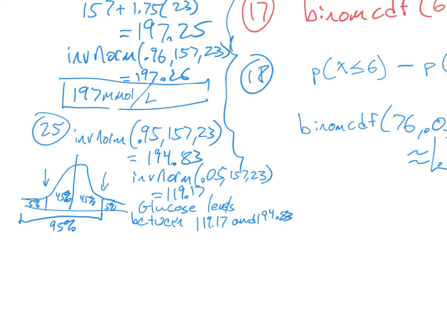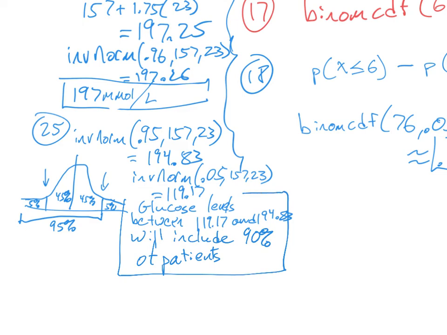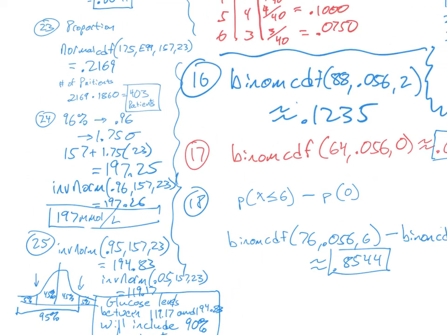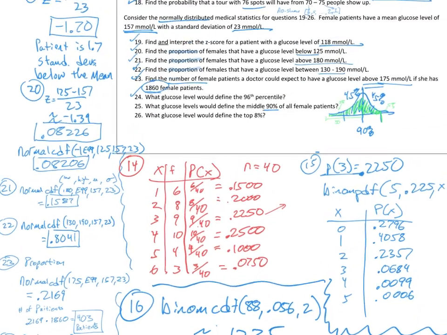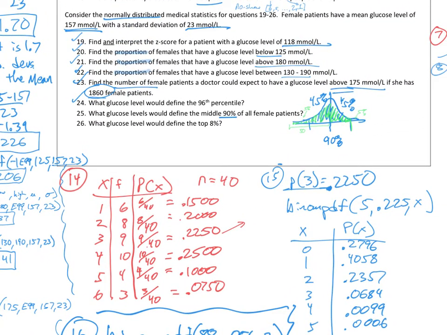Maybe a better way to say that would be 90% of the patients will have a glucose level between 119.17 and 194.83.